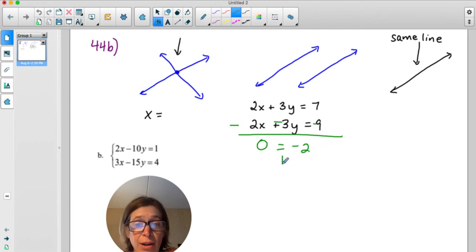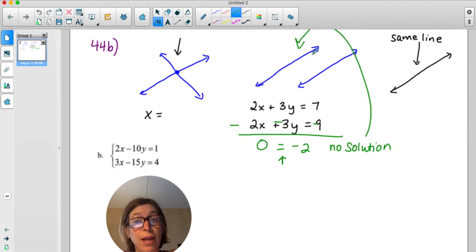Well, that right there is not a true equation, or not a true statement. So that means there's no solution. And no solution as it relates to a system of equations means the lines are parallel. So you'd want to state that, okay?